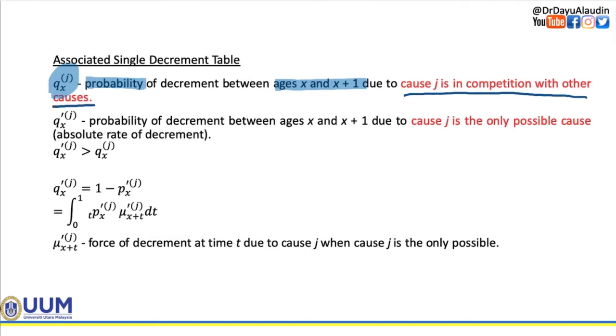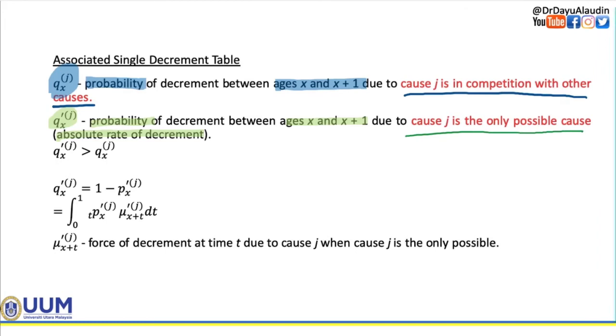So we have more than one cause. Second one, q_x^(j)', which is the probability of decrement between each x and x plus 1 due to j being the only possible cause, or we can call it the absolute rate of decrement. So we have only one cause, so single cause.